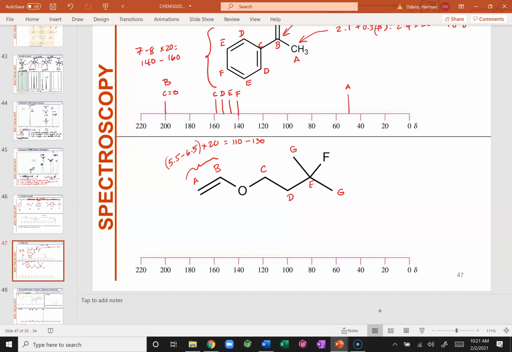If my math doesn't fail me, something like that. All right. So A and B will be right around here. So one will be around 110, and the other one will be around 130. Something like this.